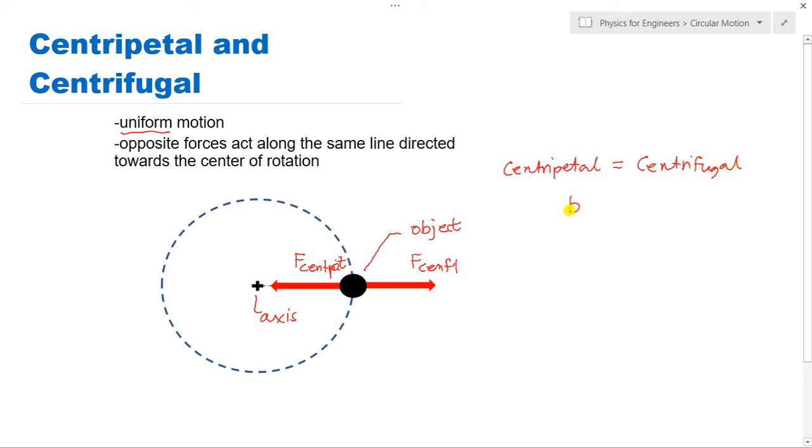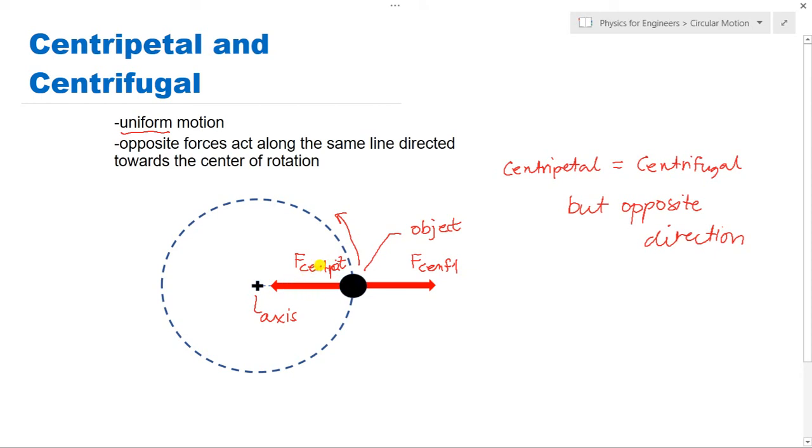But, take note, but opposite direction. Therefore, we can say that these are action and reaction forces. Kasi, ano yung reaction ng centripetal force? Of course, centrifugal force. Kasi kapag walang centrifugal force, of course, yung object natin is hindi na siya mag-follow ng circular path kasi mapupull in siya towards the axis due to the centripetal force.